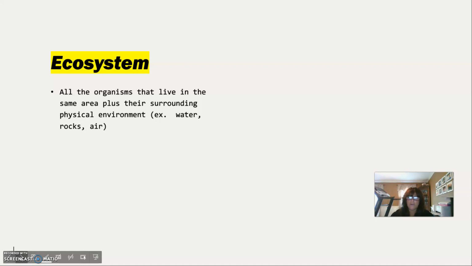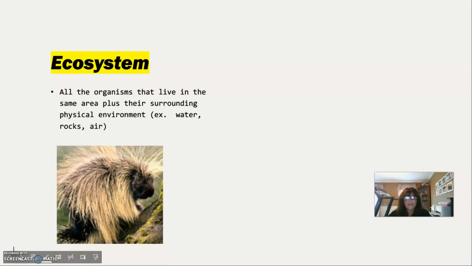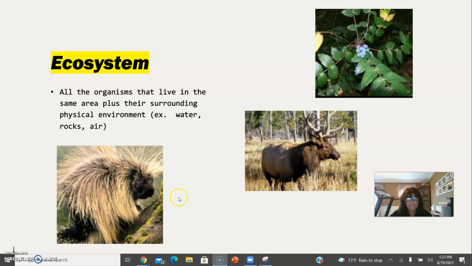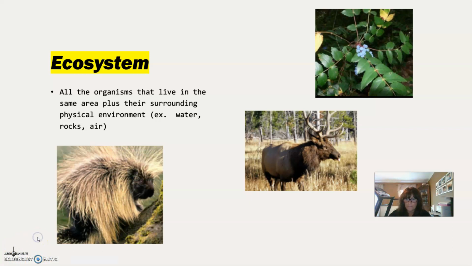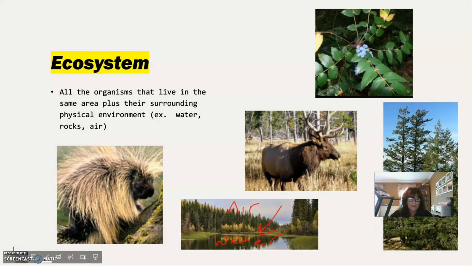So before we were talking about just the living parts, and then we also want to include some of these non-living parts of the environment that the living parts interact with, like water, air, rocks, soil. Okay, the ecosystem includes everything you see in that environment.